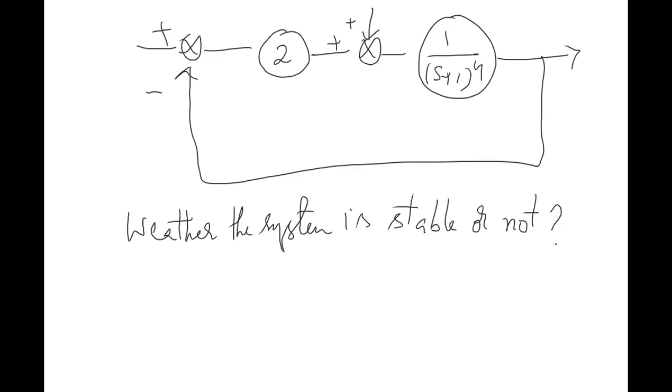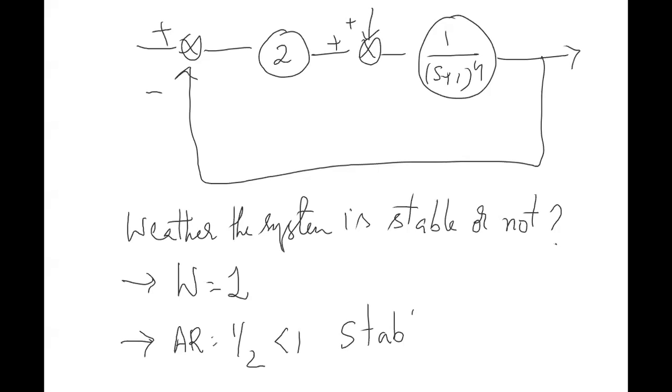It is stable. The omega that you are getting is the same, 1. But now the amplitude ratio that you are getting is 1 by 2, which is less than 1. That is why the system is stable. Same question, you just replace this with 4. Then what is the answer?